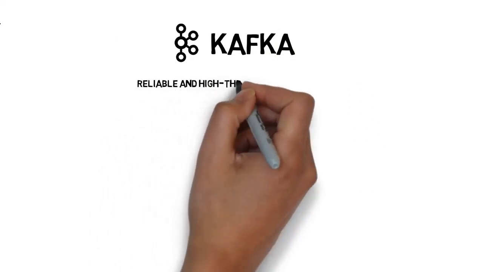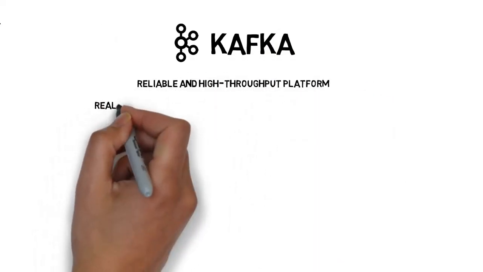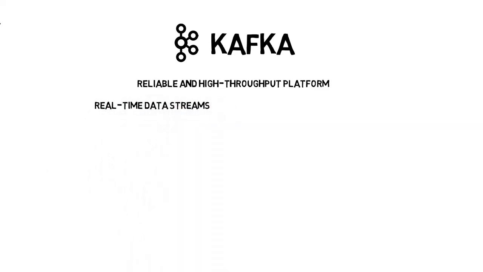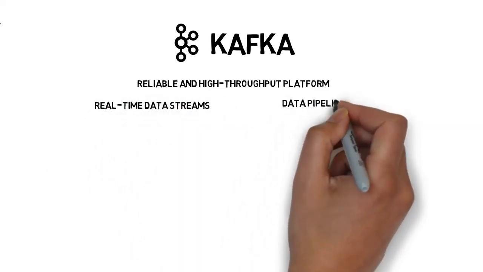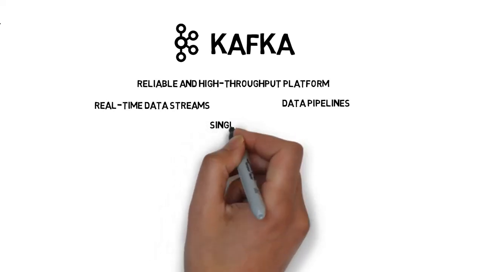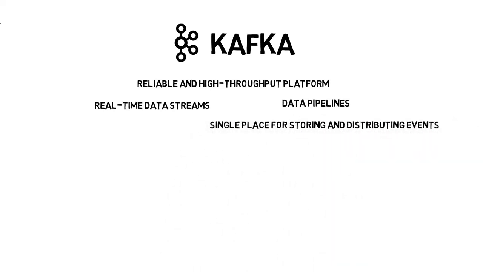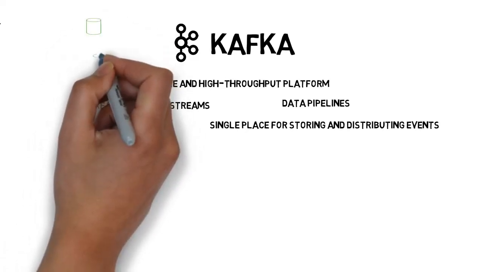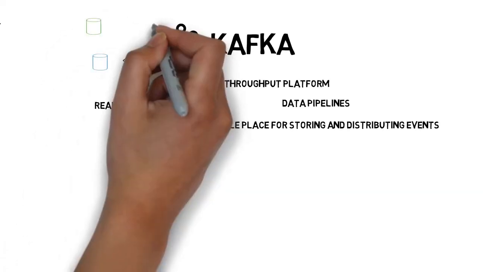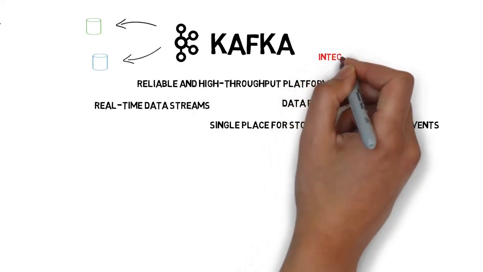Kafka aims to provide a reliable and high-throughput platform for handling real-time data streams and building data pipelines. It also provides a single place for storing and distributing events that can be fed into multiple downstream systems, which helps to fight the ever-growing problem of integration complexity.